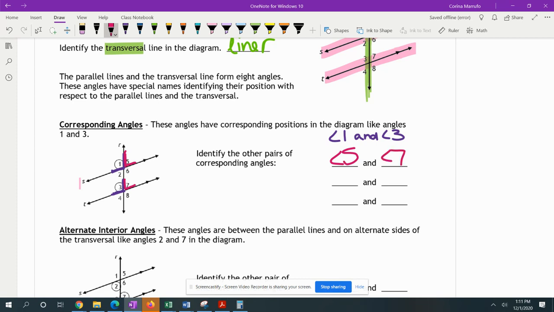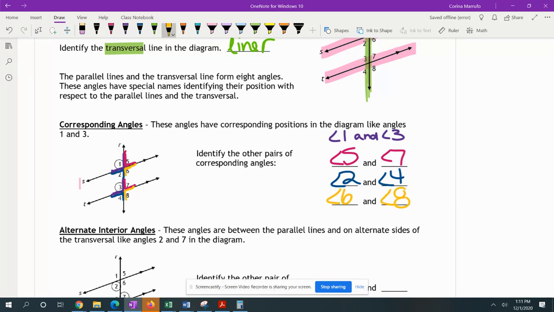Now, angle 2 is below the parallel line and to the left of our transversal. So angle 2 and angle 4 have the same positions, okay? And then last, angle 6 corresponds to angle 8.